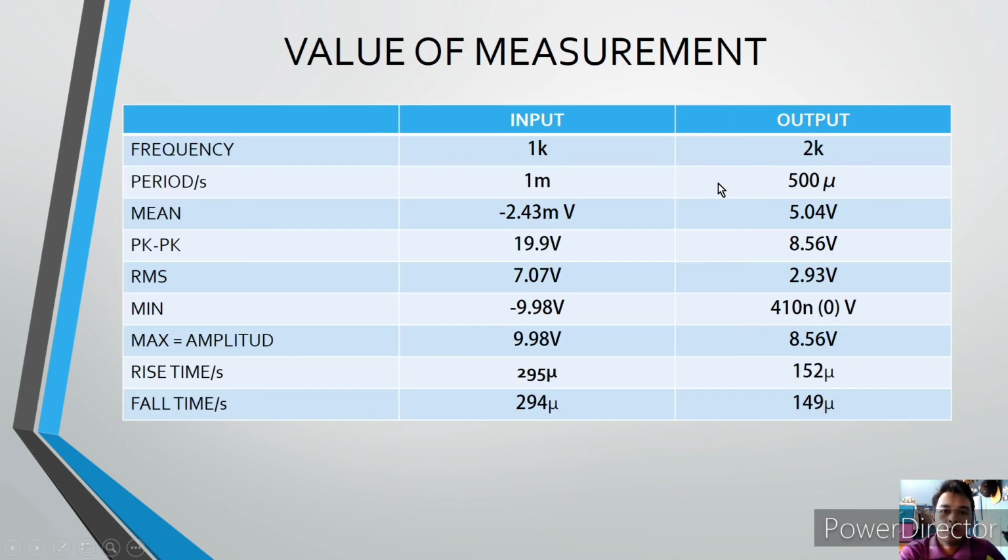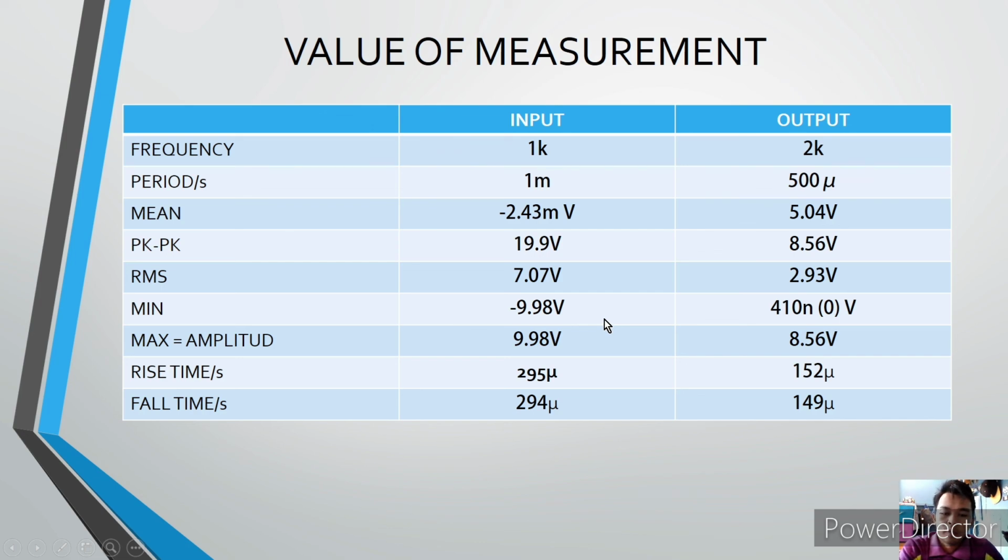Next, for the value of measurement, the frequency is a different value between input and output. Besides, for the period and peak to peak, the input signal is greater than the output signal. Moreover, for the value of RMS, minimum and maximum, the output signal is less than the input signal.